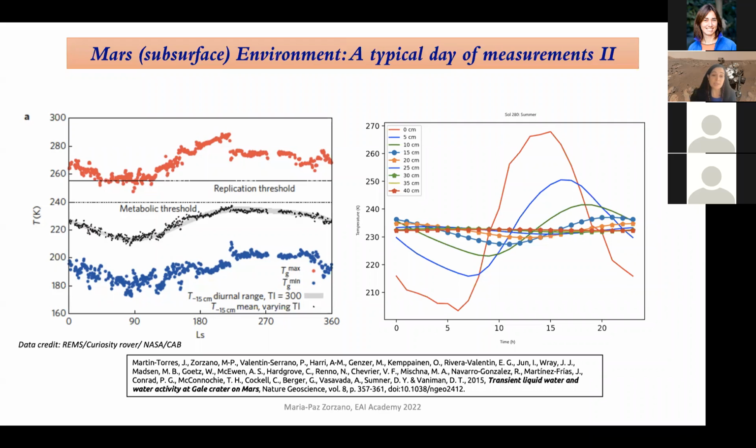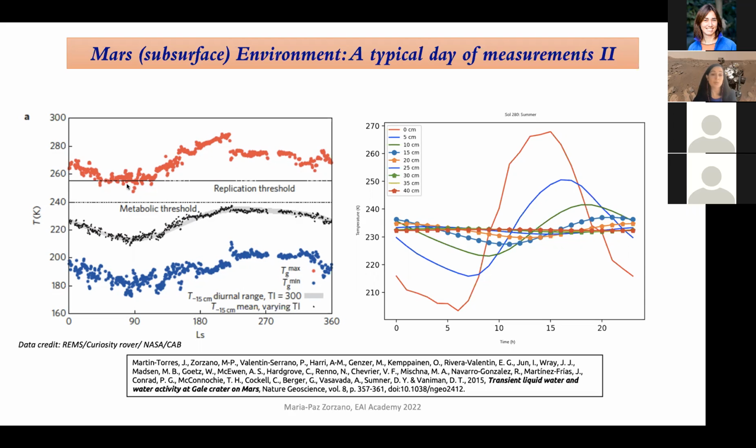Now, what happens is that if you go underneath the surface, you can model, you can make a prediction of the temperatures, how they're going to look like. And this diurnal thermal change is decreasing as you go deeper and deeper. This is what is represented on the right side. And in particular, for the conditions of the regolith at Gale Crater, you can predict what is going to be the temperature within 15 centimeters or 20 centimeters.